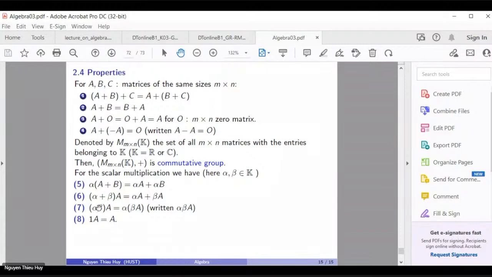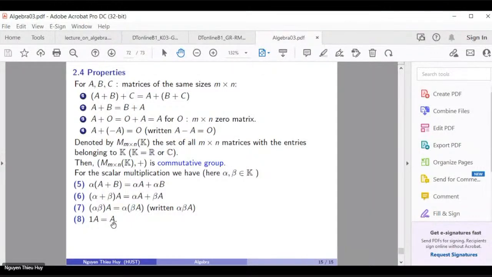Therefore, we don't have to put brackets anymore, because wherever you put brackets, nothing changes. And the last thing, which is very formal but I write here for later: 1 multiplied by A is of course A, because 1 multiplied by every entry of A does nothing.